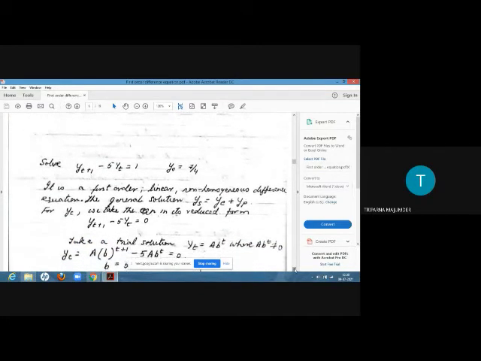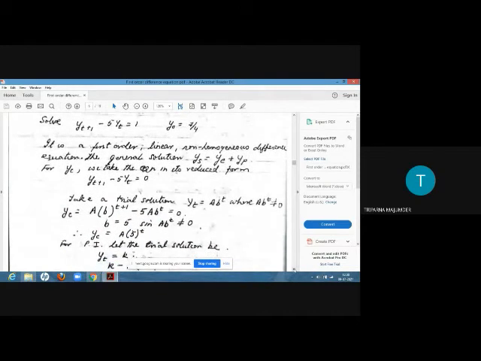Now we take a few examples. It would have been better if you could solve it now, but since it is not possible in this online method, you will solve it and send it to me later.